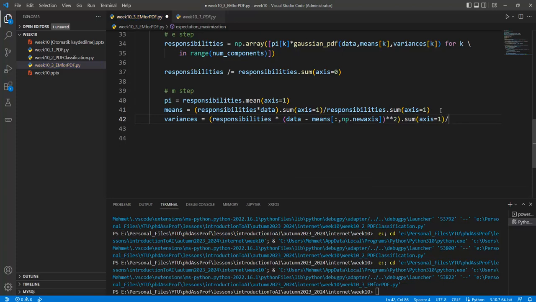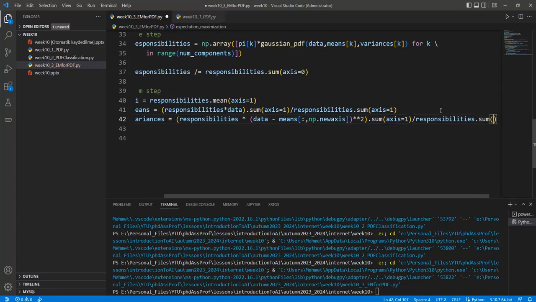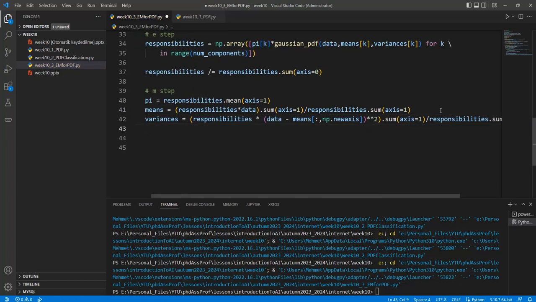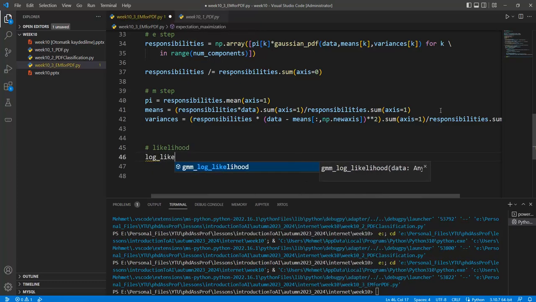And this must be divided by the responsibilities sum axis is 1. Okay? It's not an easy formulation, but this is the true formulation. Okay? If you take a derivative of the maximization function with respect to pi, means, and variance values, you obtain this formulation. Okay?